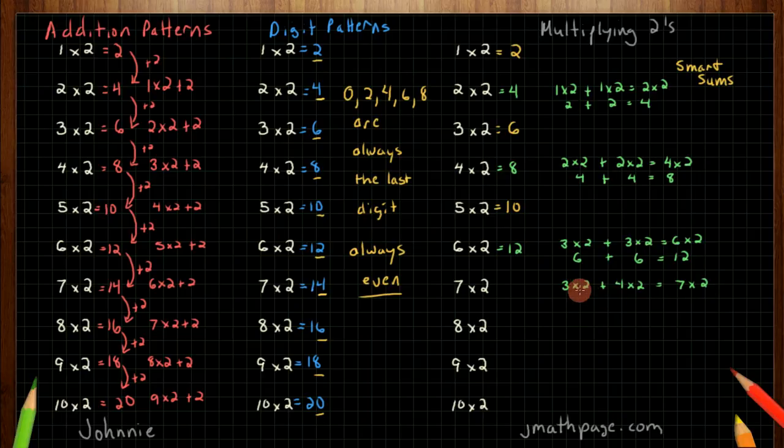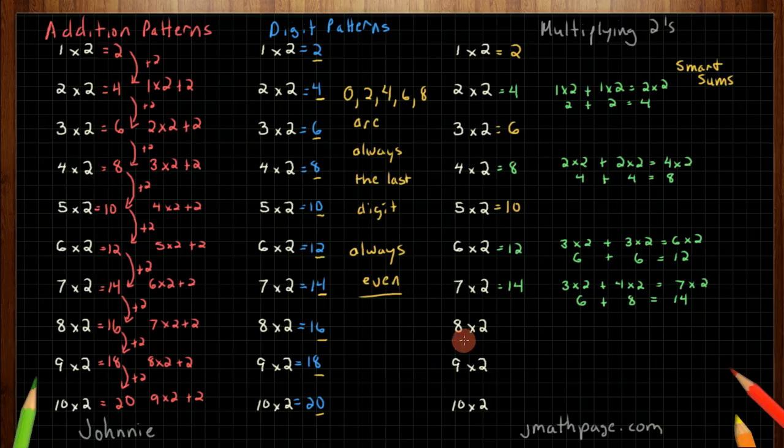We also know that 3 times 2 equals 6, and 4 times 2 equals 8. So we can say 6 plus 8 is equal to 7 times 2. If we add 6 plus 8, we get 14. Knowing that, we can say that 7 times 2 equals 14.